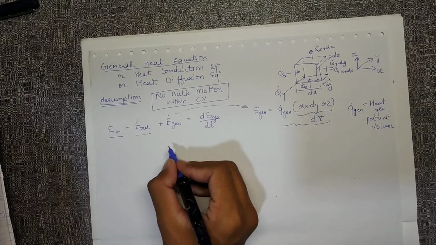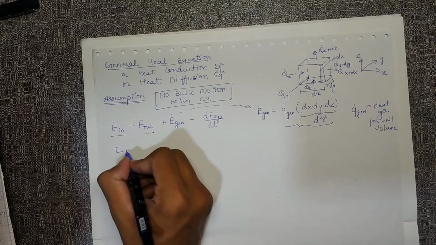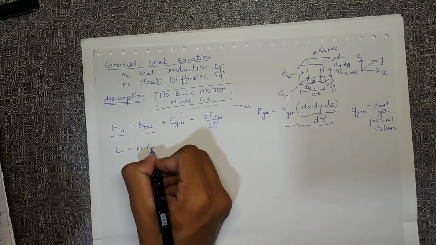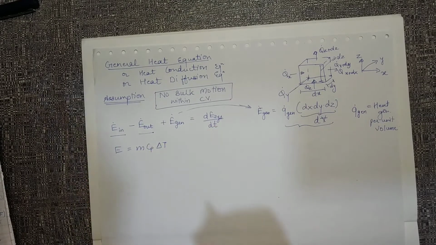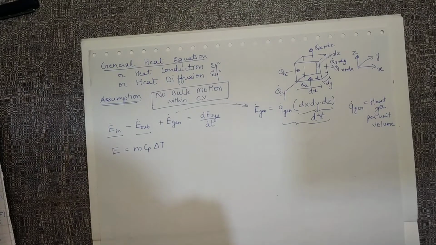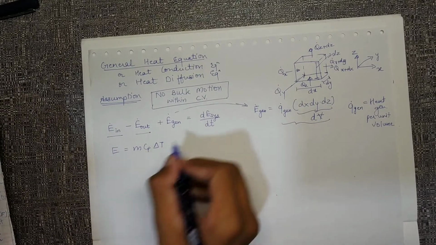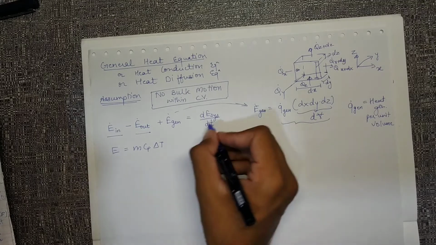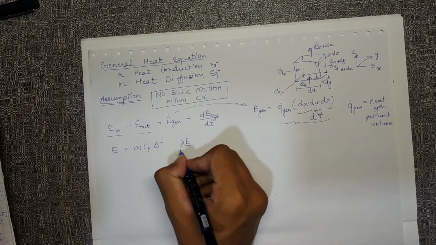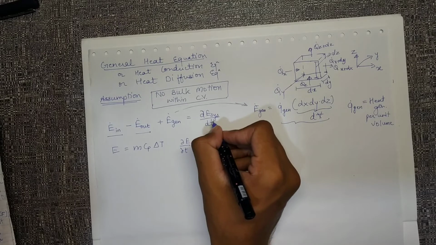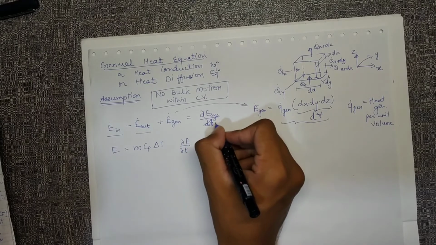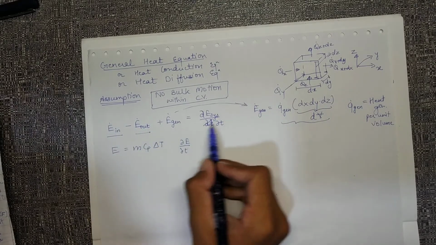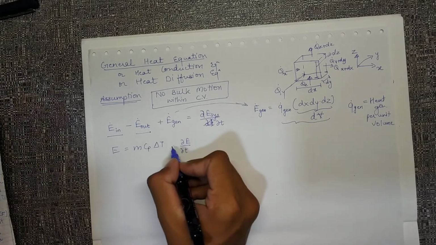The energy of the system is m Cp delta T, and that energy is changing with time.